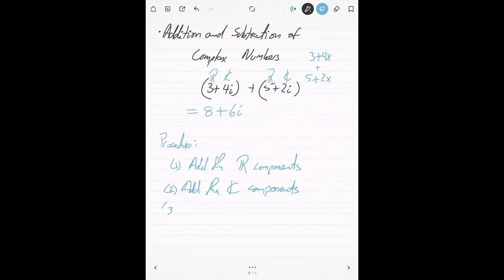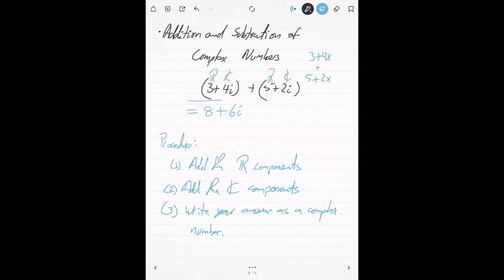And for step 3, the final process, write your answer as a complex number. By that I mean make sure that your answer is in the form of a complex number.